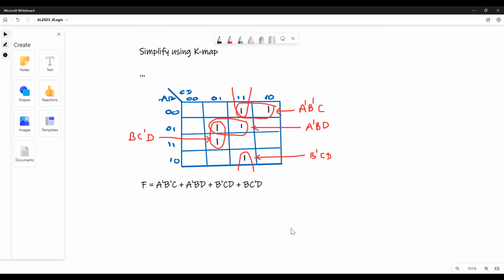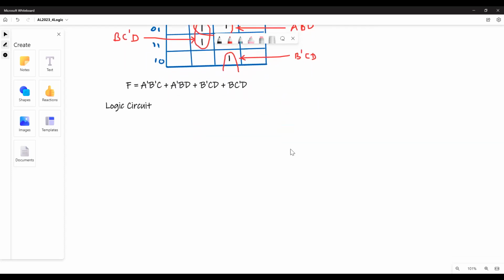That's what we have, right? Now I want you to draw the circuit, the logic circuit for the simplified one.